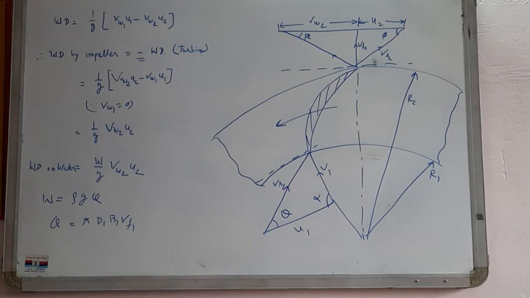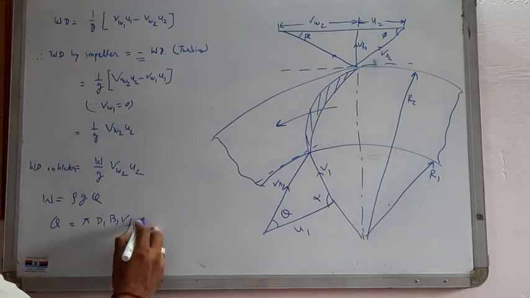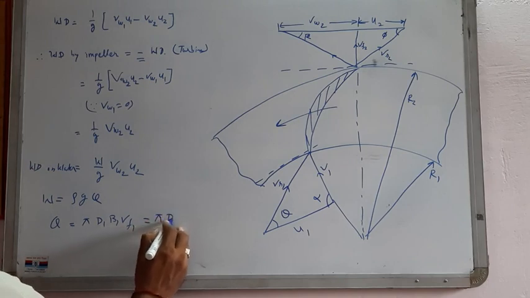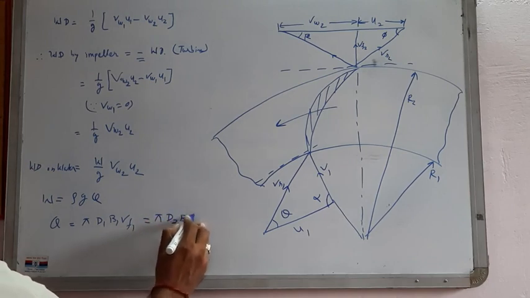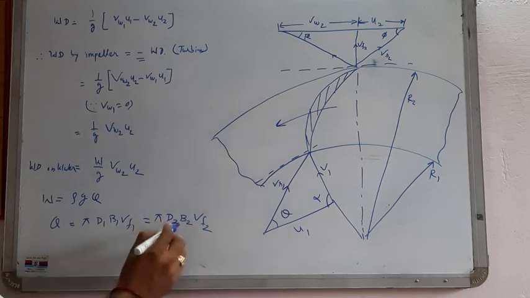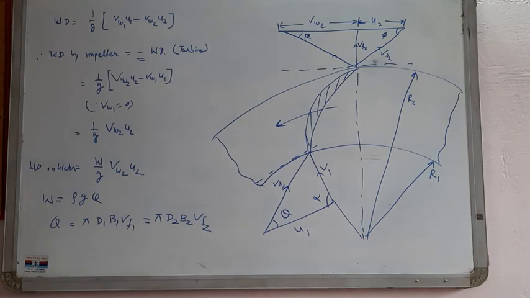Here b1 and b2 are width of impeller at inlet and outlet. Vf1 and Vf2 are velocities of flow at inlet and outlet. This is also equal to pi d2 b2 Vf2, all having their meanings. So the questions of pump can be solved with this type of equation.